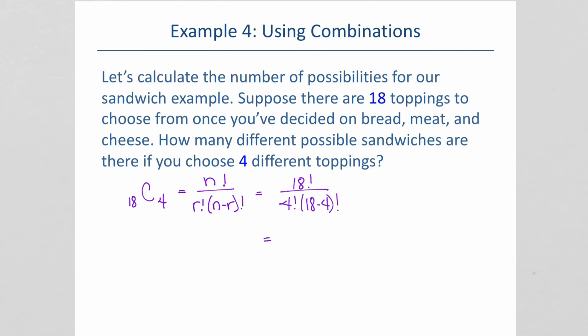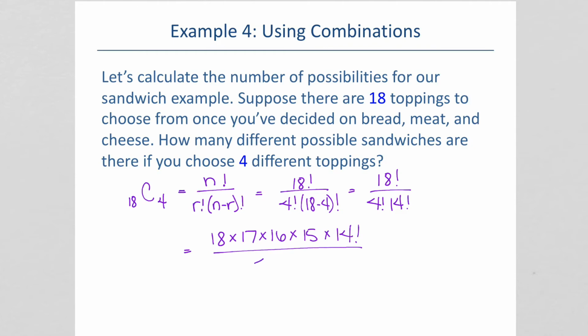So let's see. On the bottom, we'll have 4 factorial times 14 factorial. On the top, we'll do down to 14: 18 times 17 times 16 times 15 times 14 factorial.